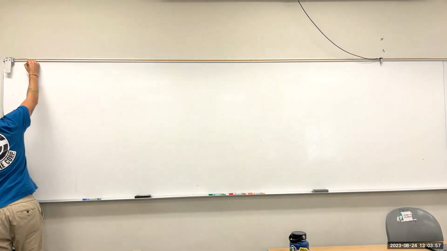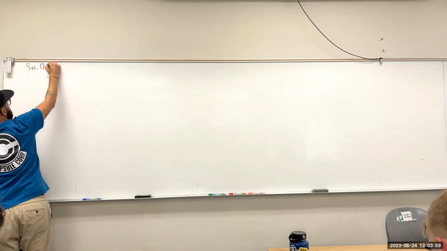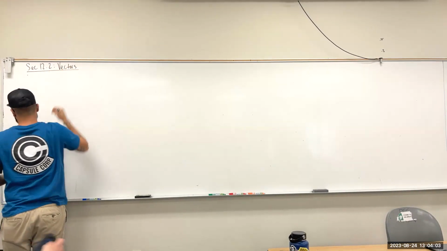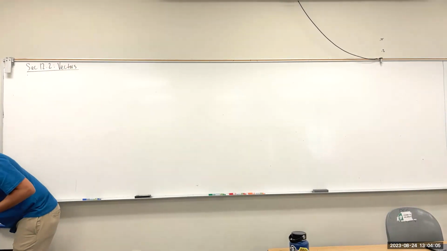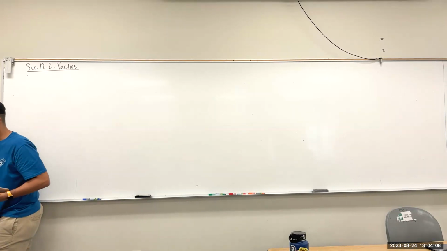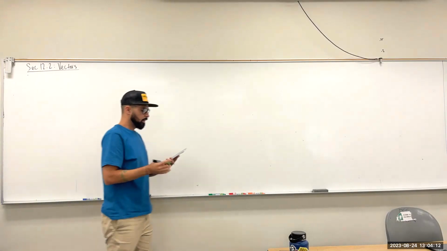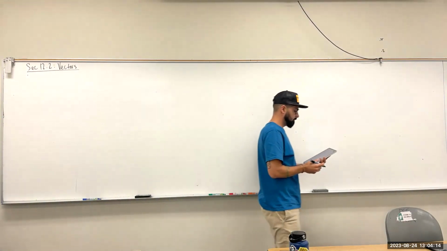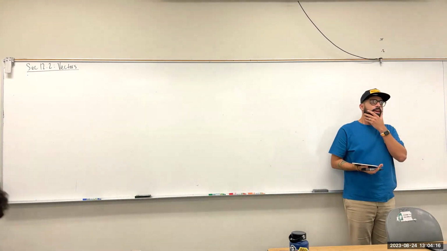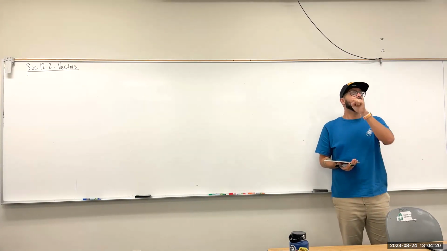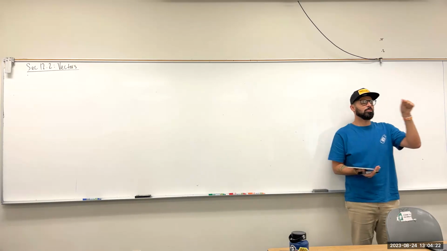We're doing section 2.2. On Monday we did the three-dimensional coordinate system, just to get an idea of how to visualize this stuff. What happens when you graph an equation in R3, in 3 dimensions?